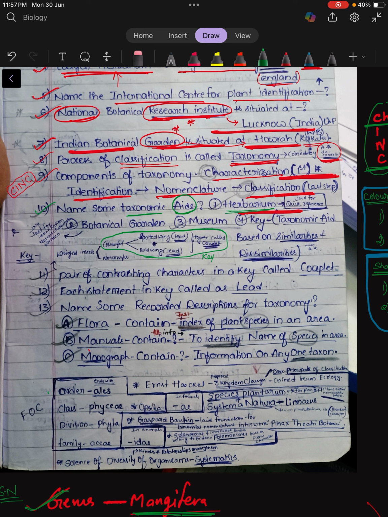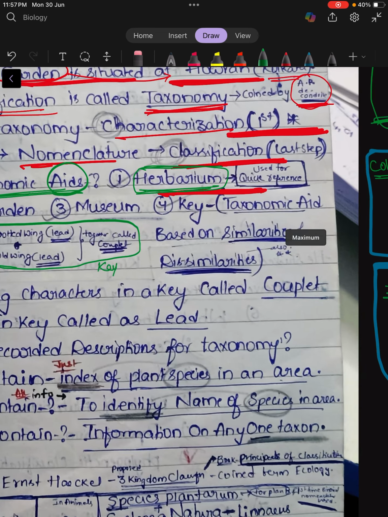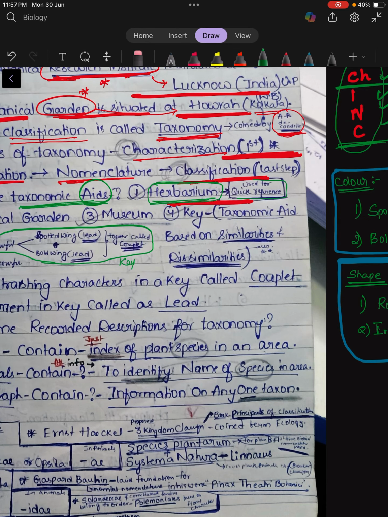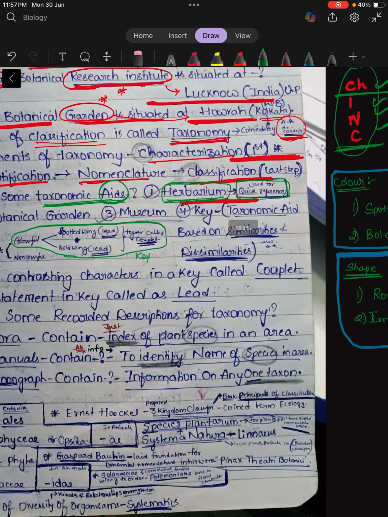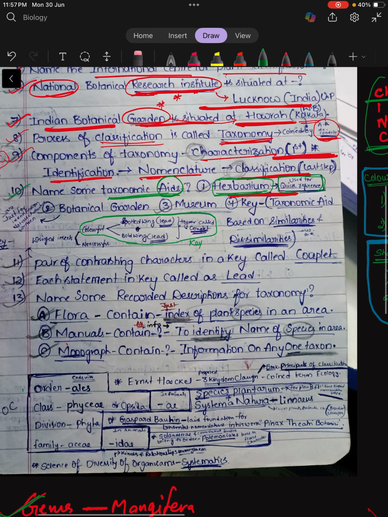Herbarium is a collection of papers on which plant parts like leaves are pressed, with all the information about the plant given. Since it is used for classification, it is a taxonomical aid. It is used for quick reference, very easy and fast, very handy.